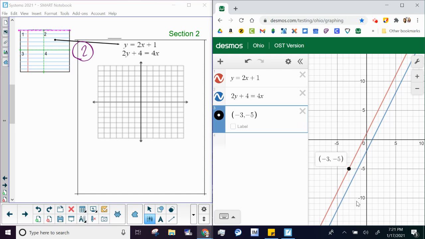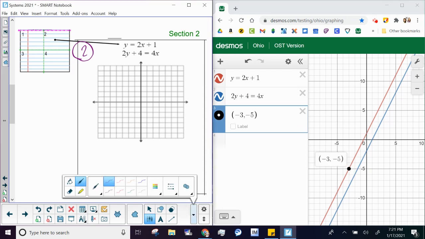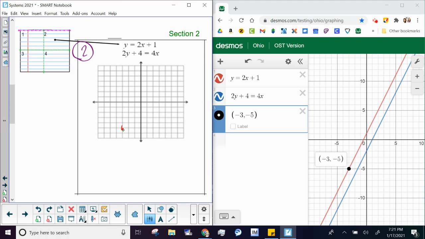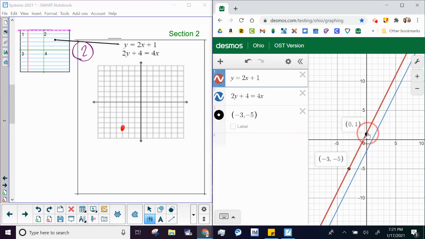So I'm going to plot that point. -3, so I'm going to go left 3 and down 1, 2, 3, 4, 5. So there's a point on my red line. Okay, and then the other point on my red line was 0, 1. So left and right none, but up 1, the y-intercept of 1. Okay, so there's my red line.